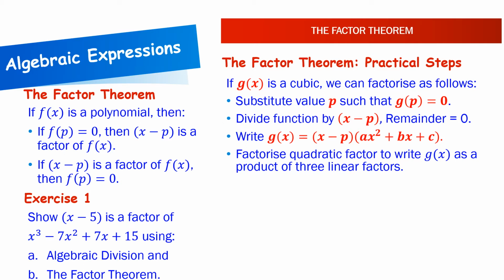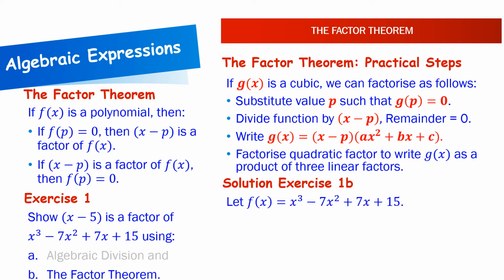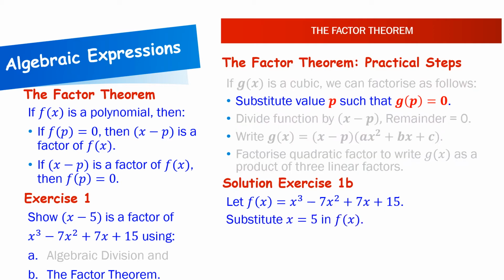So let's solve this. Let f(x) equal x cubed minus 7x squared plus 7x plus 15. We're going to substitute x equals 5 in f(x). Five cubed minus 7 times 5 squared plus 7 times 5 plus 15.